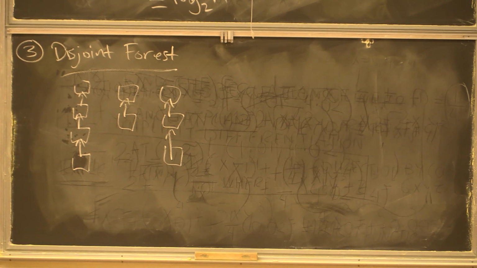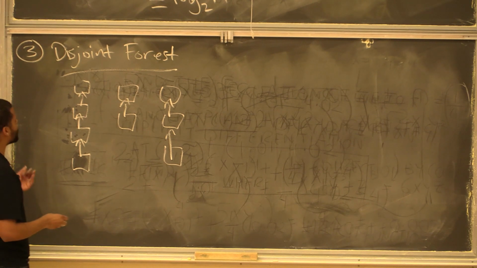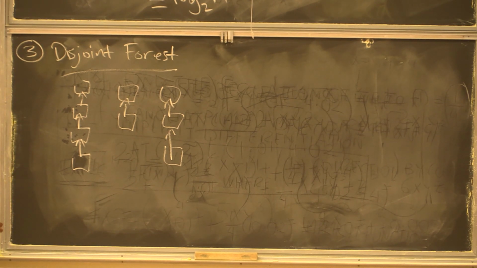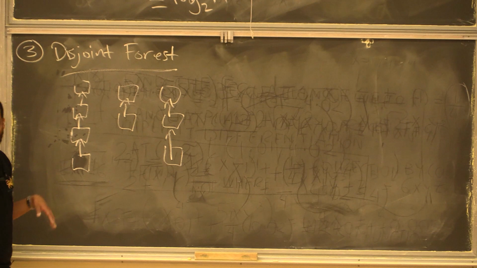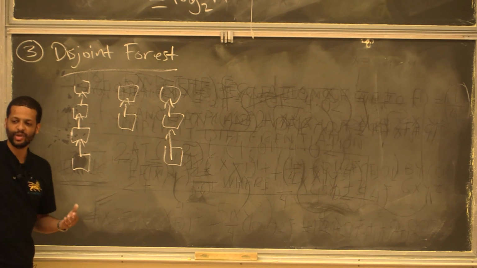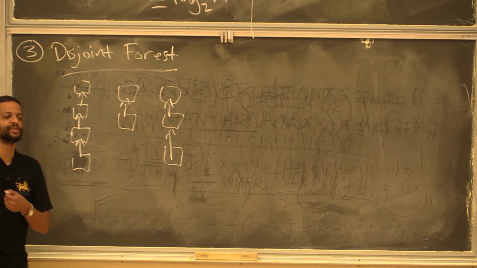So what might I do? What's one natural thing to try to make my job easier the next time I want to do a find? Remember, before I said everyone stores the name of the head. Everyone storing the name of the head is a little complicated because sometimes you have to change a lot of people's pointers.